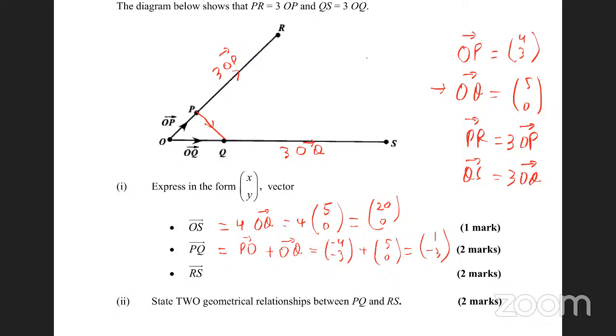Everybody okay with that? Jacob, we had to find RS. What do I do first? Before that, draw a line R to S. Based on the diagram now, RS is what?